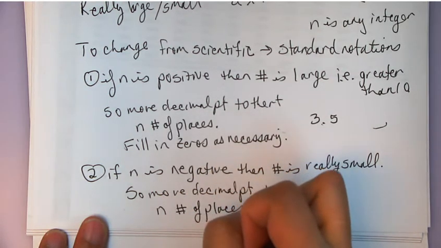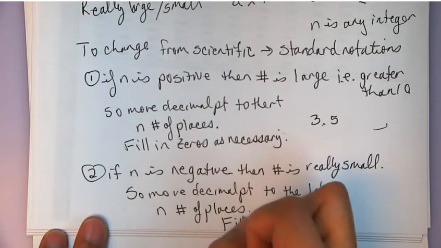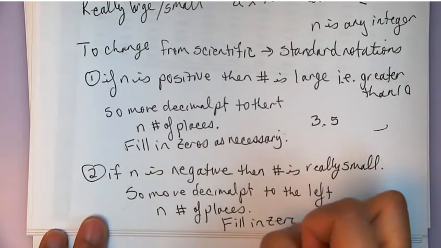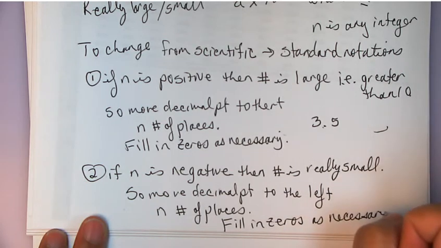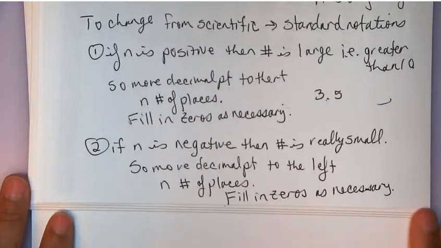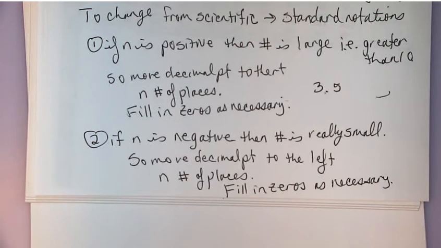Again, fill in zeros as necessary. And so that is our method for changing from scientific to standard. Let's do a couple examples so we can be familiar with it, and then we'll move on to how to change it to scientific notation.